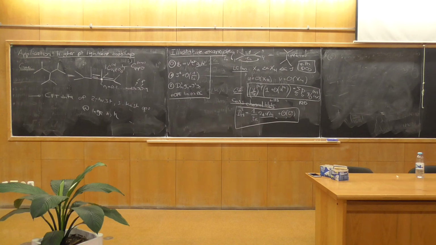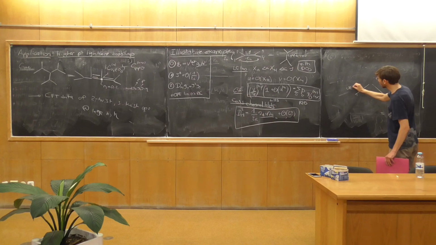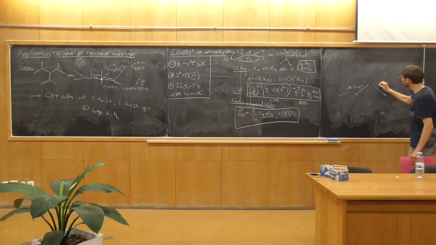Yeah? That's the OPE. No, it's a different limit. I can go into it in more detail, but the OPE limit is u goes to 1, whereas the light cone limit is u going to 0, right?